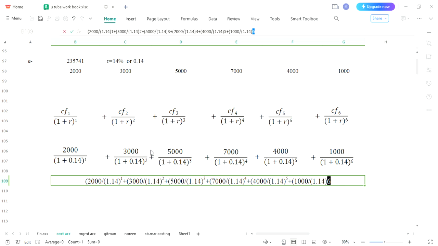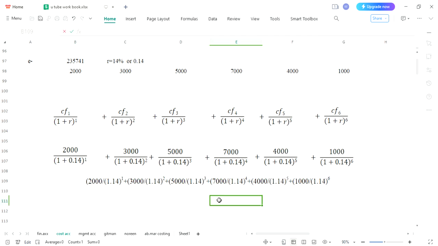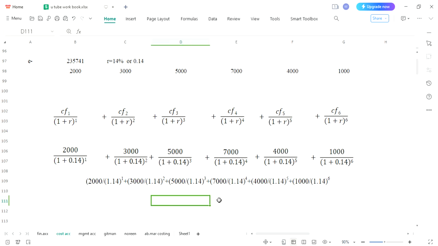Okay, ji, our statement has been completed. In this way, you will put it on your calculator. Why I have written it? Because without it, you will not be able to write it correctly, and your calculator will give you an error.